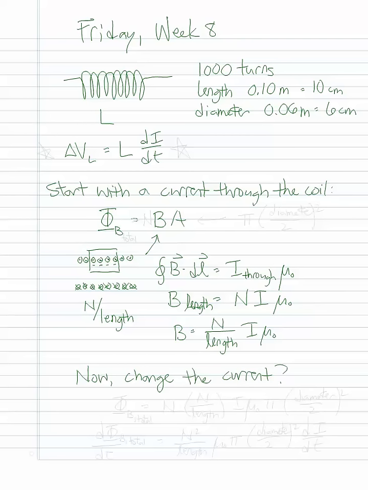Oh, I forgot to write up here that the area of this loop is pi times the diameter divided by 2 squared. Okay, and the total flux here is the total number of turns times B times A.